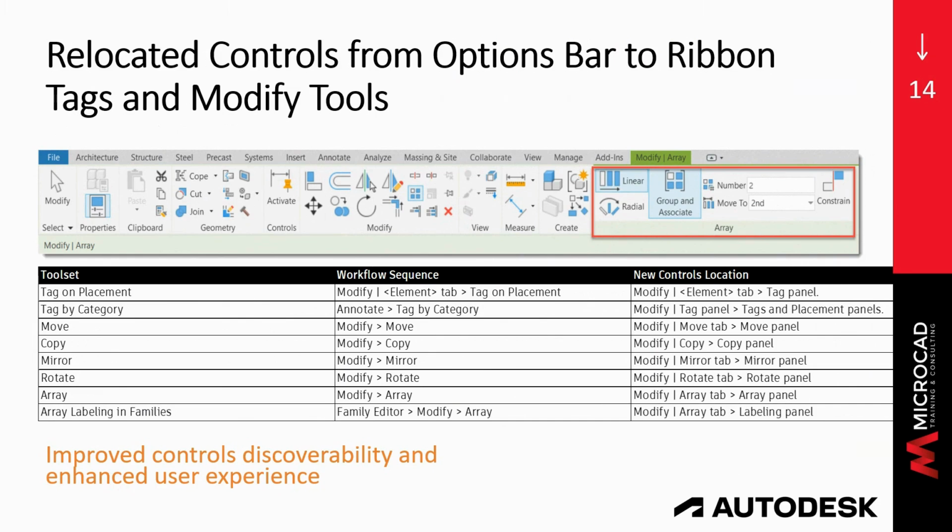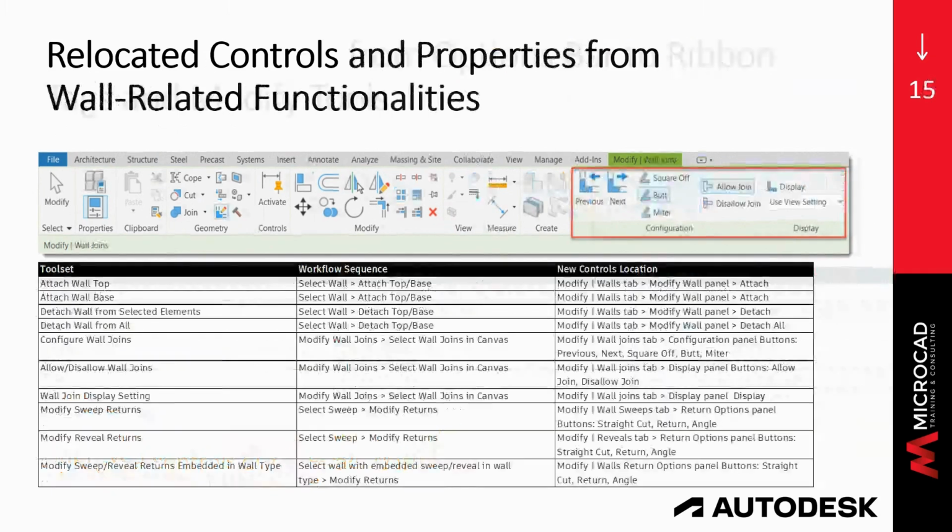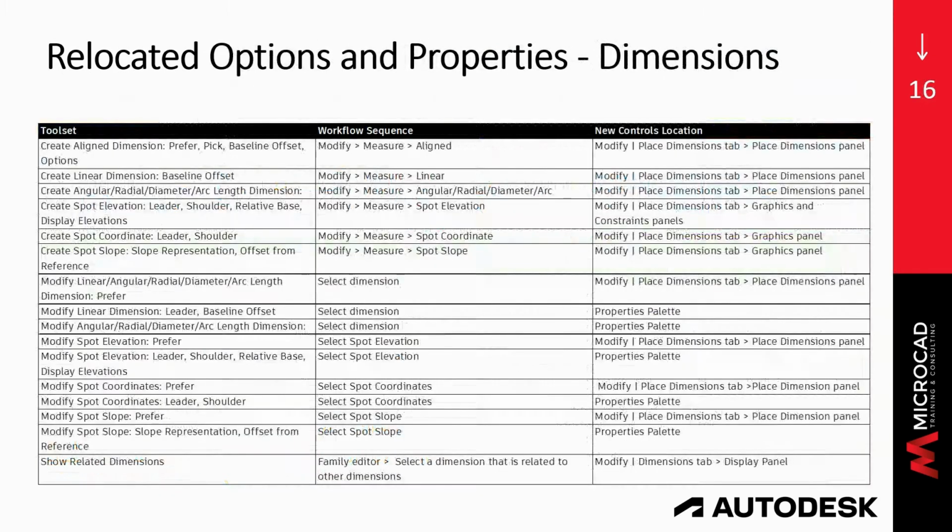They're just moving stuff about for whatever reason. But that is happening. So this is the list of everything. And you see a couple of screenshots of where those tools have moved to and how it looks nowadays. So as you can see, the list is long and tedious. So be aware of that.